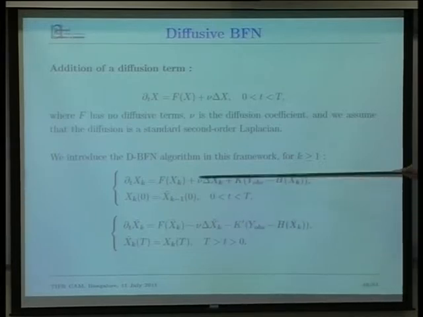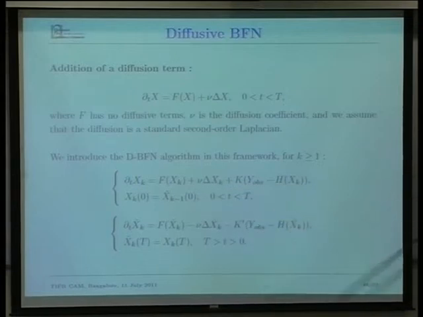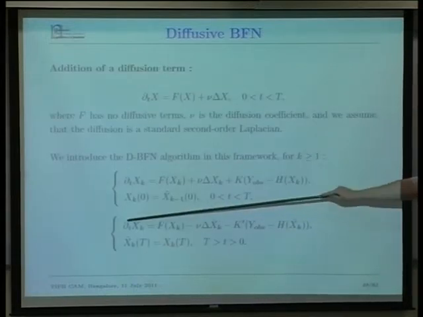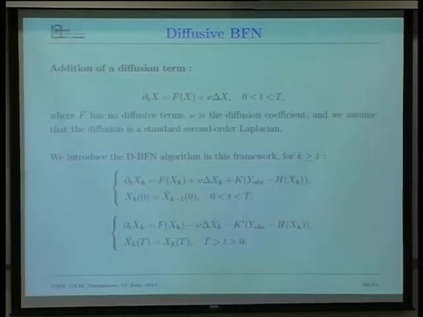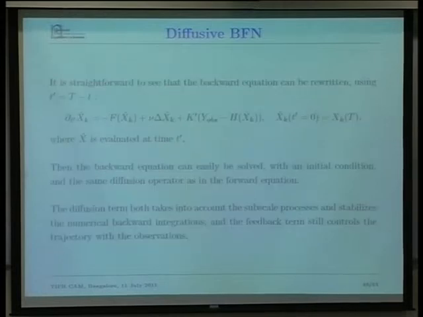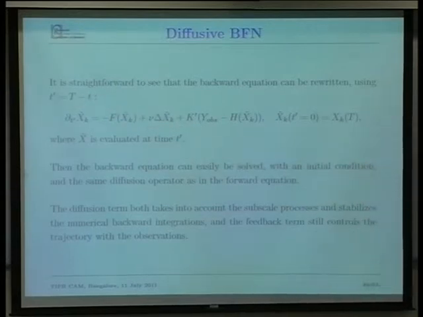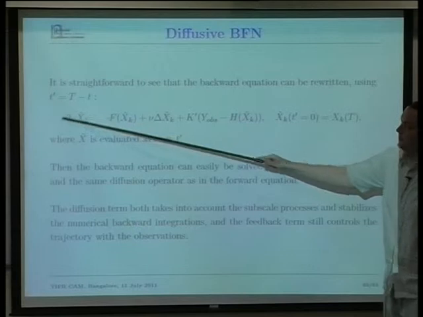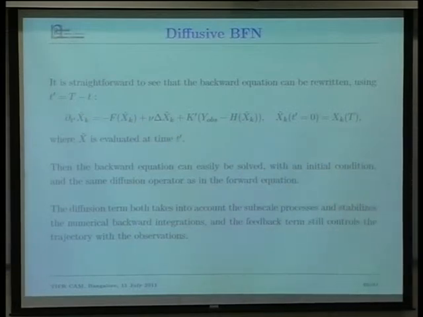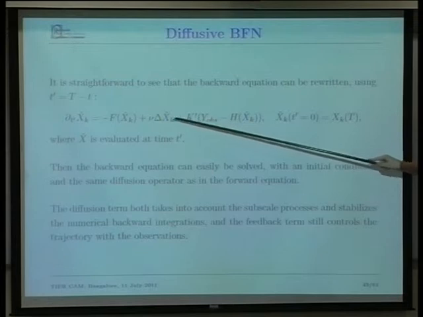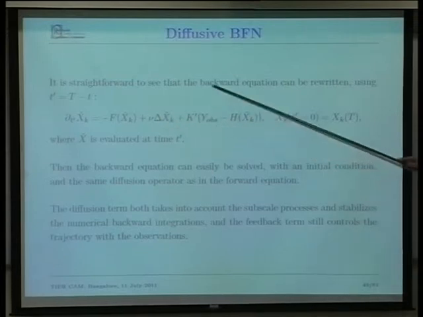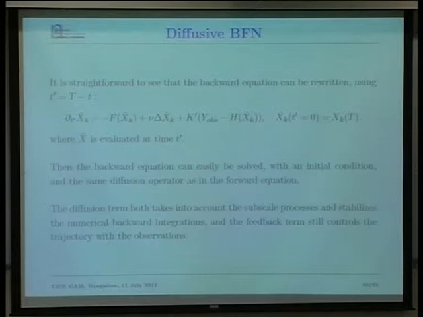So you have a minus here and here, because this is a backward model. If you make a change of variable here to get back to a forward model, so instead of solving it backward in time, you simply use another time variable, which is capital T minus t. So you simply change the sign of dt x, and then you get back to good diffusion, good feedback to the observations, and backward model, minus f.